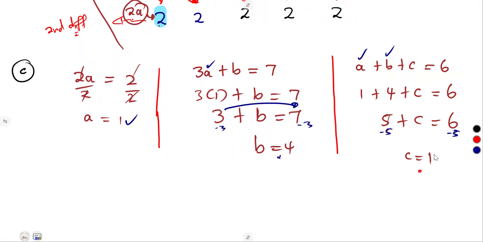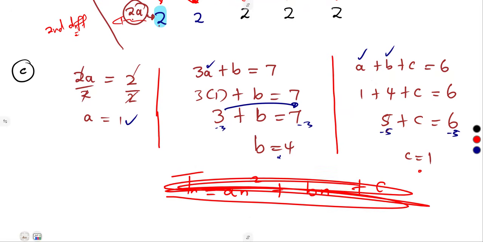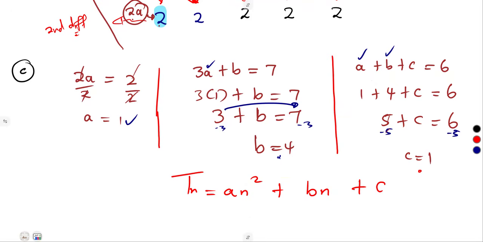The constants from our general expression, from the general presentation of our quadratic, an squared plus bn plus c. Whenever you forget this, go back to your quadratic functions.